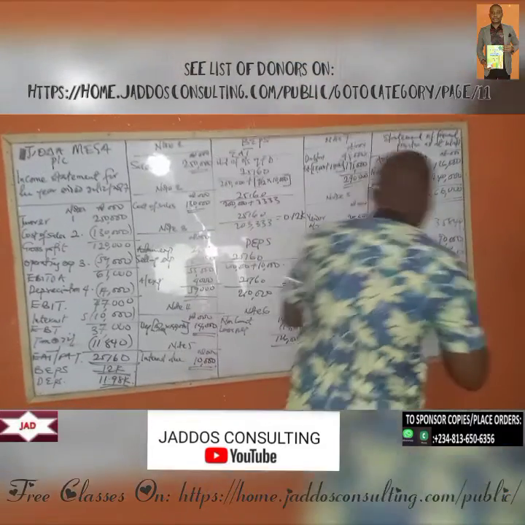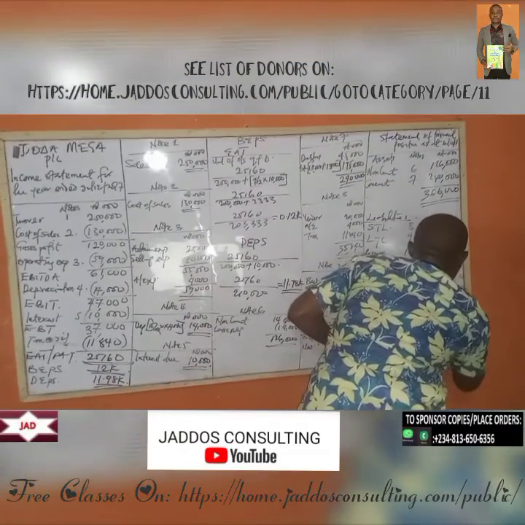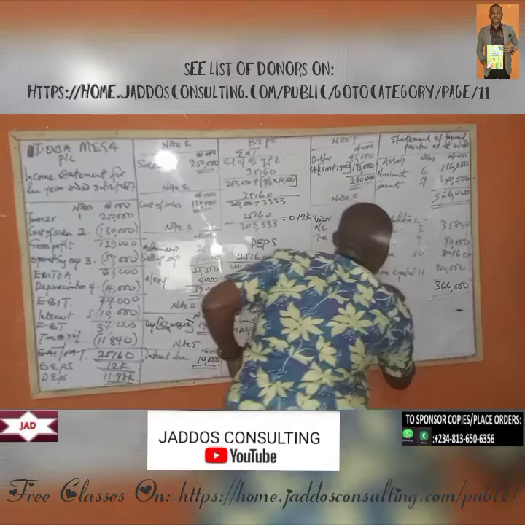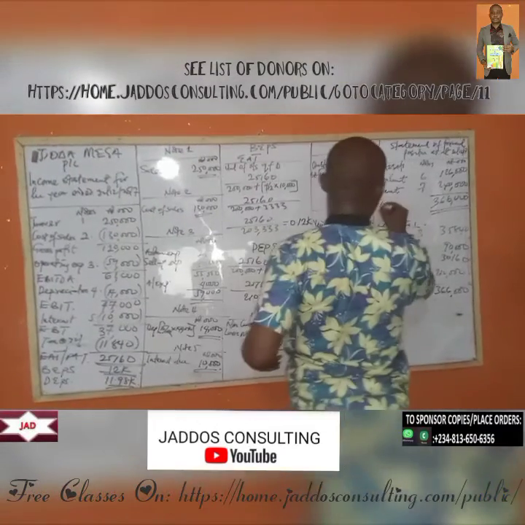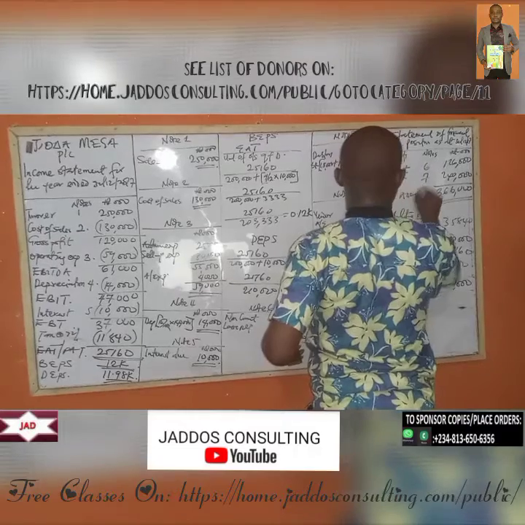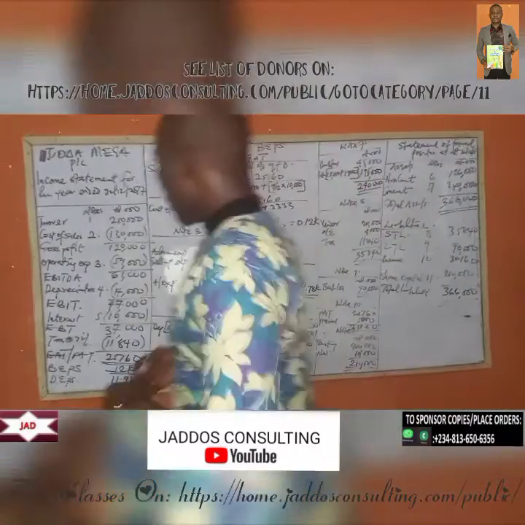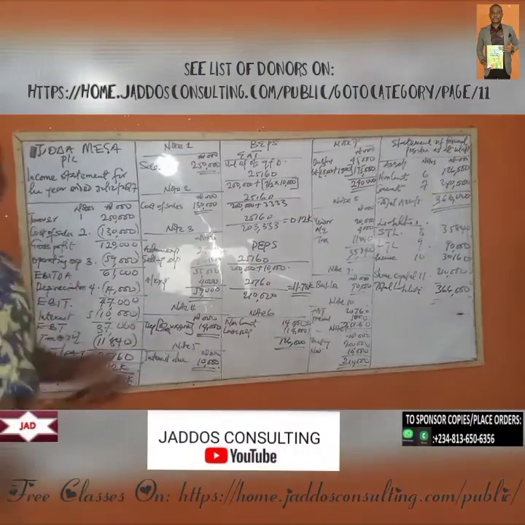That's 366,000. So we have 366. So this is your total liabilities, and this is your total assets.